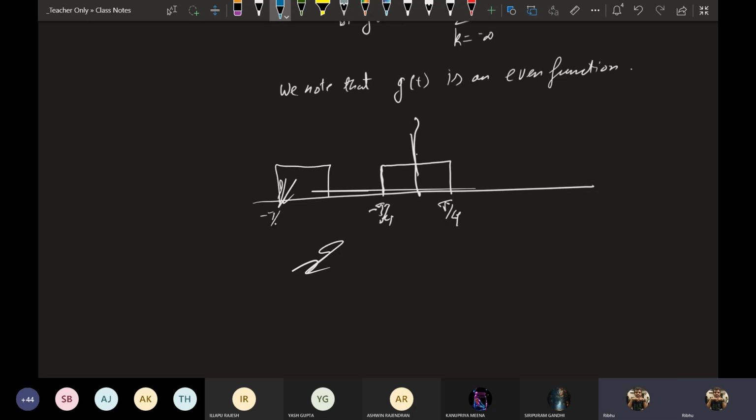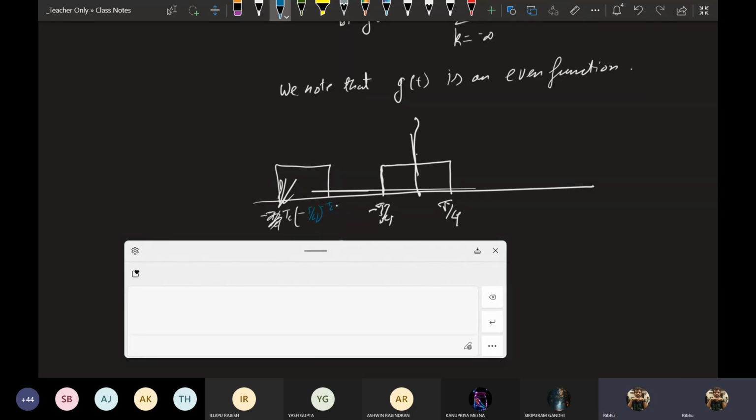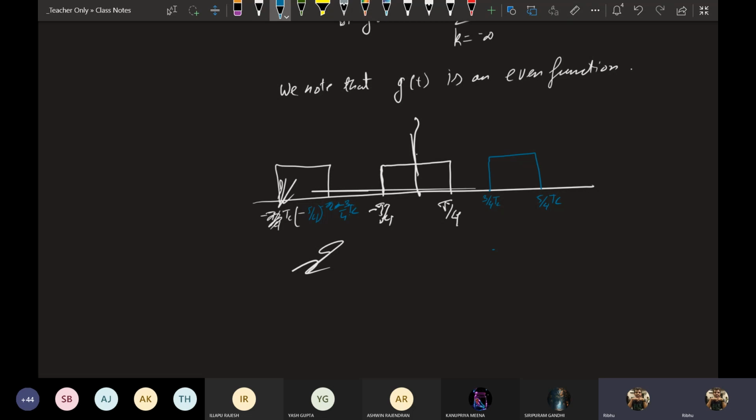So minus Tc by 4, minus 3 by 4 Tc, similarly here, Tc by 2. Fine, so this is even.